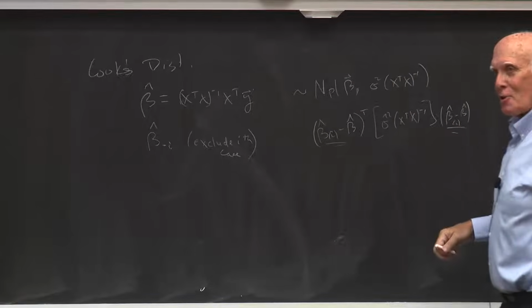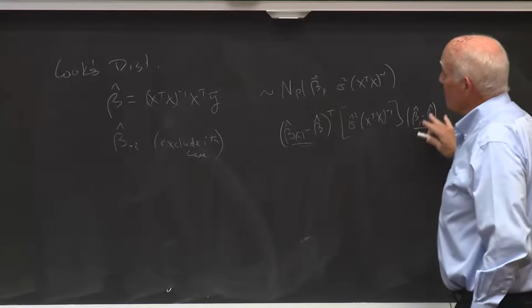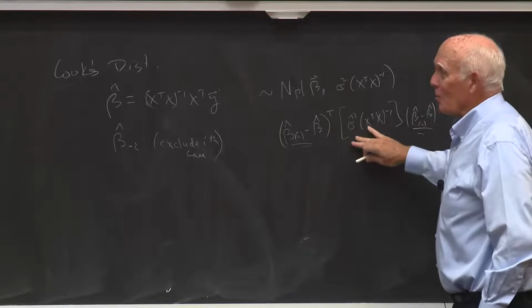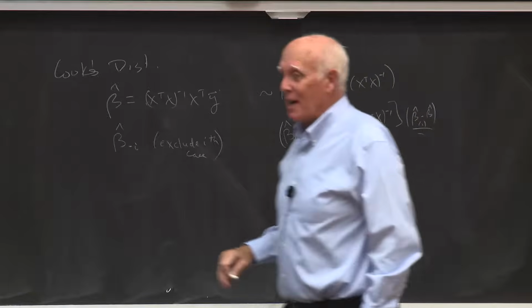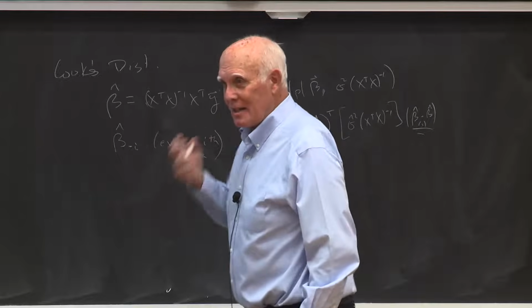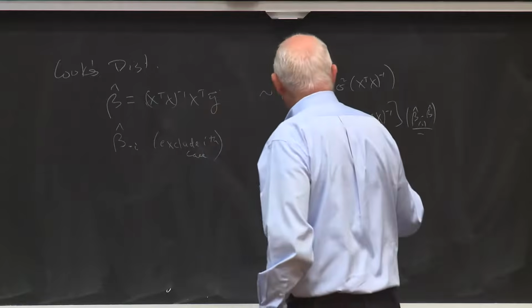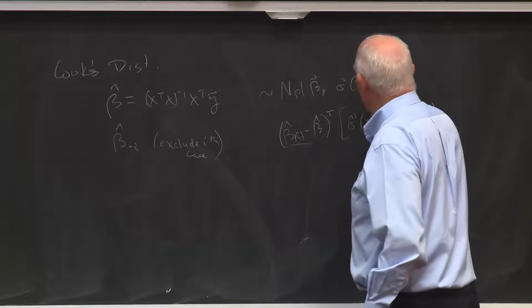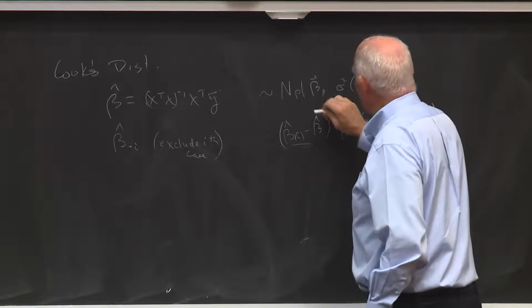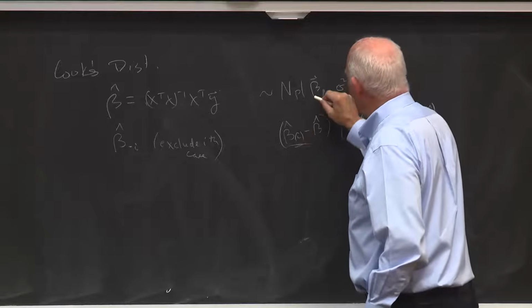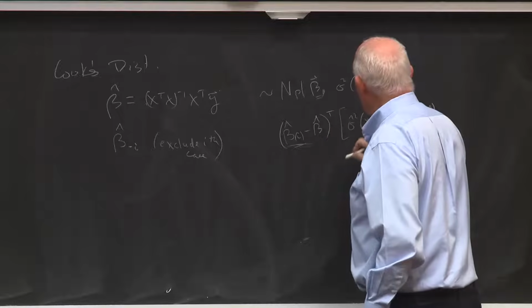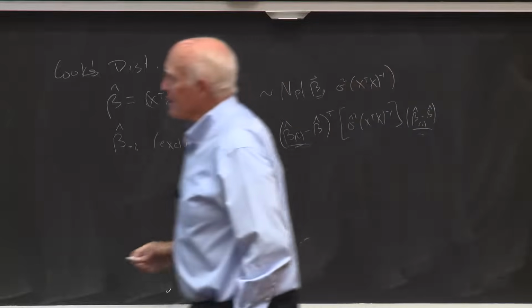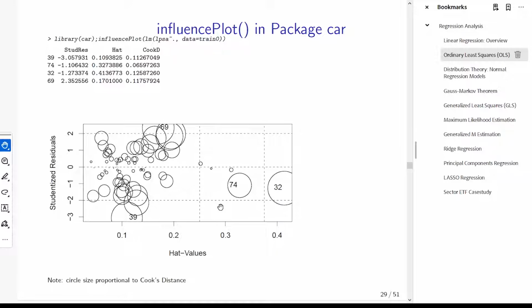And this Cook's distance will correspond closely to a chi-squared distribution because of the relationship. So we're basically looking at the distance of beta hat i from the true beta and normalizing that by the covariance matrix.